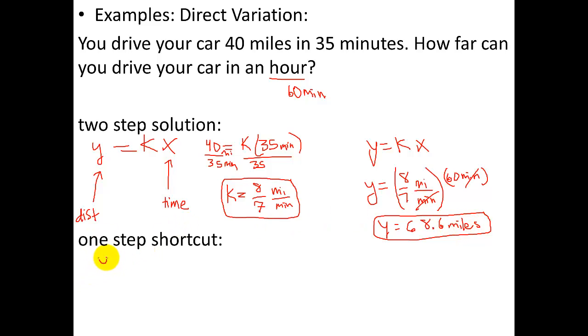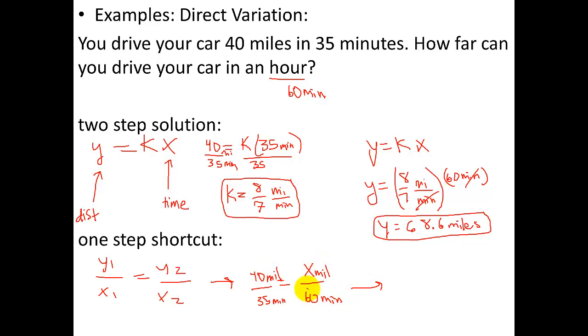The shortcut, y1 over x1 equals y2 over x2. Plug in our stuff, so distance, 40 miles over 35 minutes equals x distance over 60 minutes. Again, you need to line it up so you have your minutes both in the bottom and your miles both in the top.